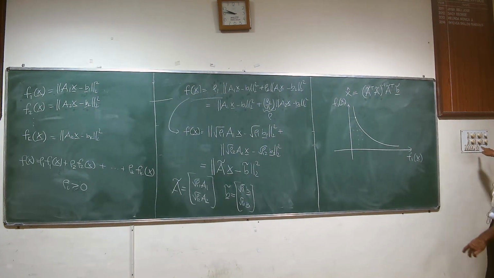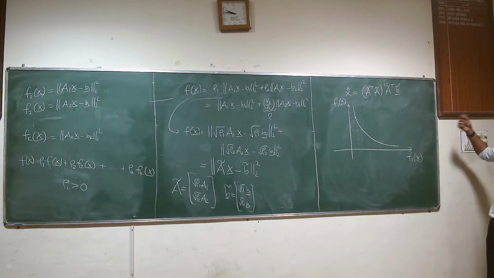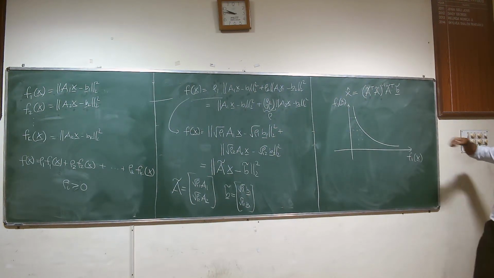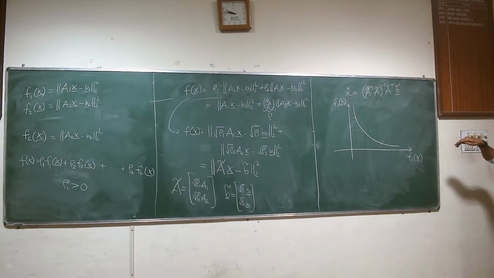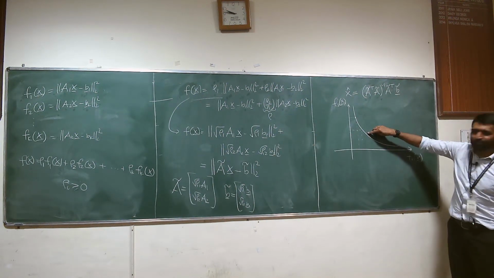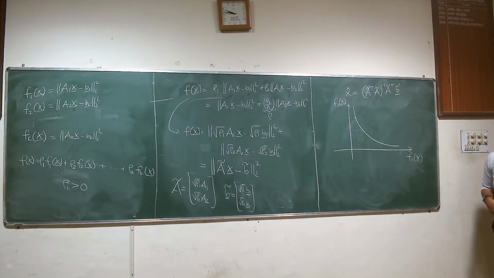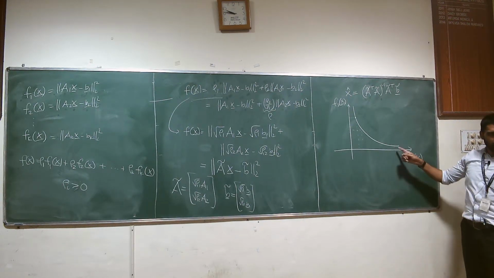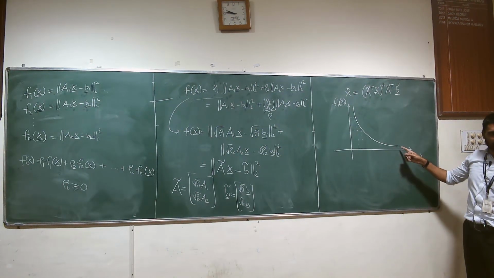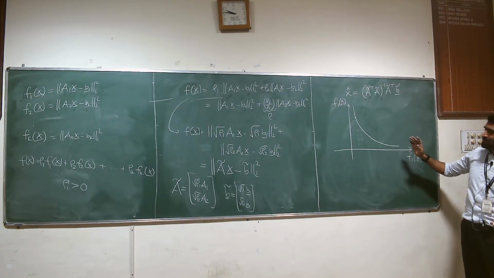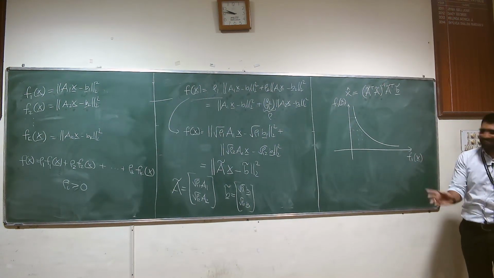Of course, if I make rho very small, maybe you can tell me, if I move along this curve in this direction, would I have to increase rho or decrease rho? Let's say I'm here. If I increase rho, will I move in this direction or in this direction? This way.